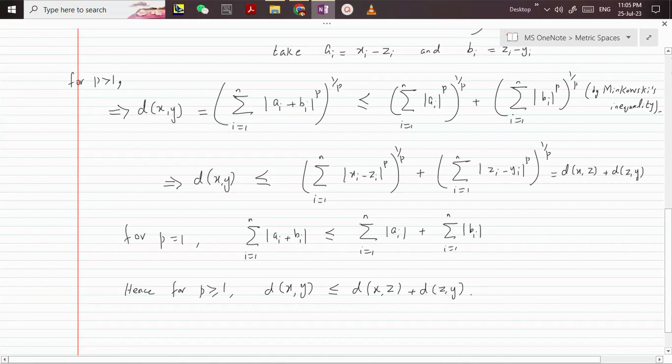What does it mean? It means that d is a metric on Rn.